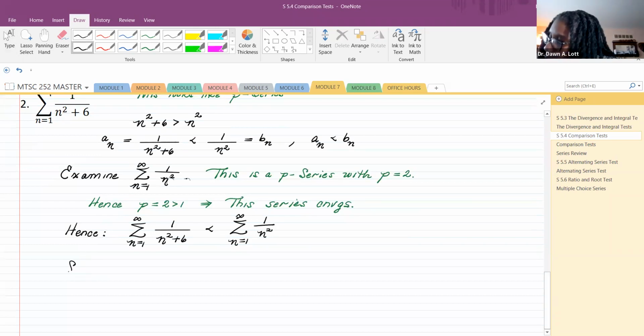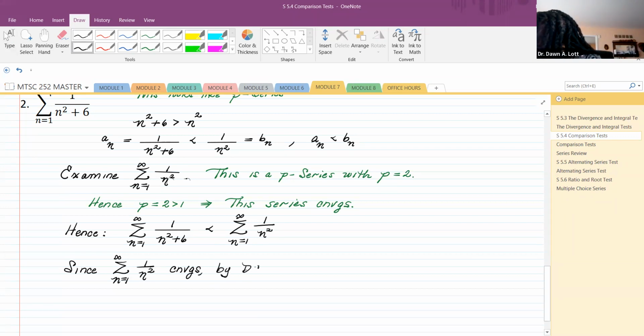So since the summation n equals 1 to infinity of 1 over n squared converges, by the direct comparison test, the summation n equals 1 to infinity of 1 over n squared plus 6 converges. Okay, so that's 2 down already.